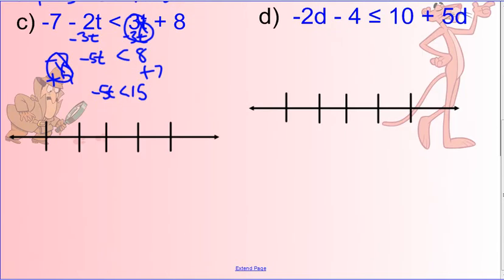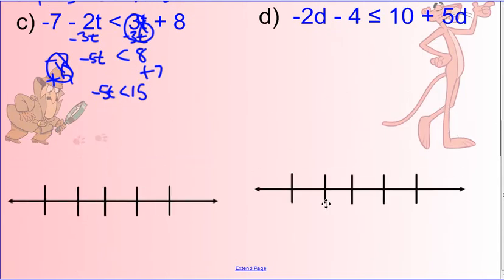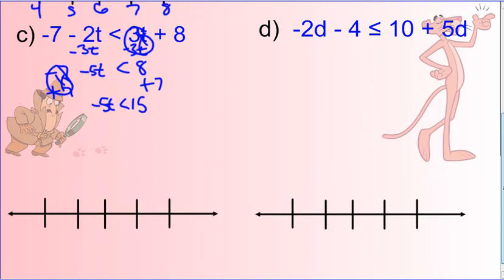I'm going to extend and draw down a little bit. There we go. Just give me lots of space. Then we need to get rid of this multiply by negative 5, so we divide by negative 5, and I hope you made the connection, because when you divided by a negative, you changed the direction of the inequality. If not, go back and fix it.